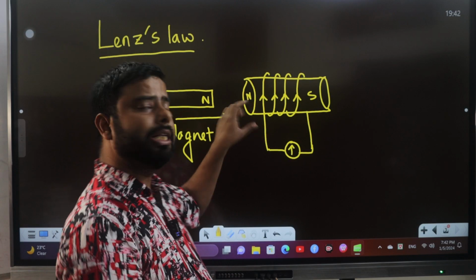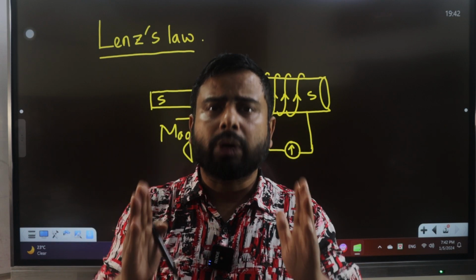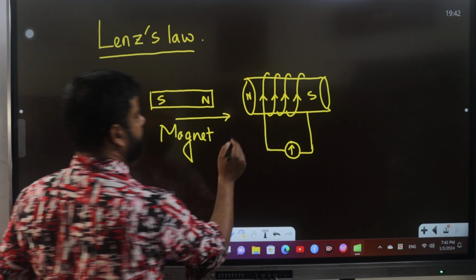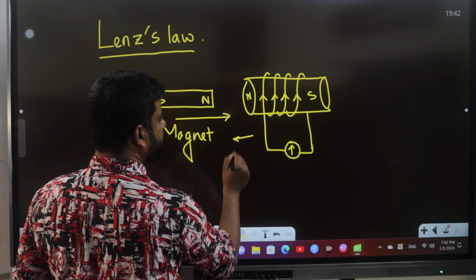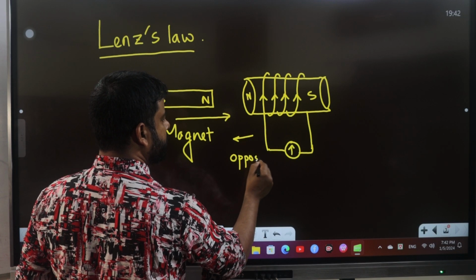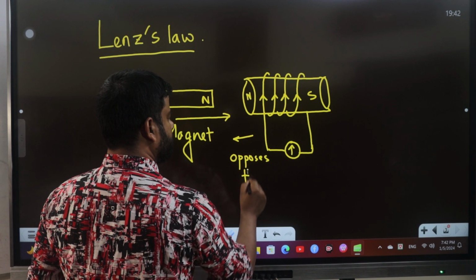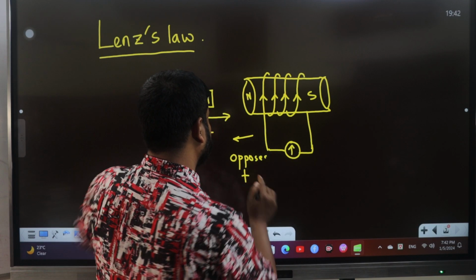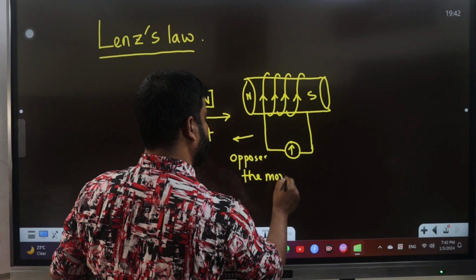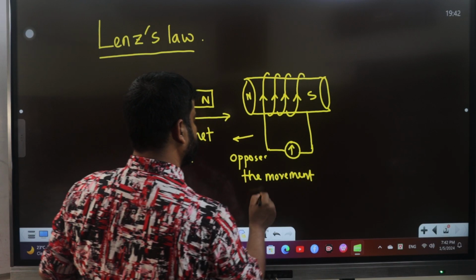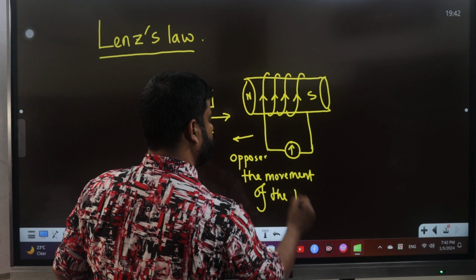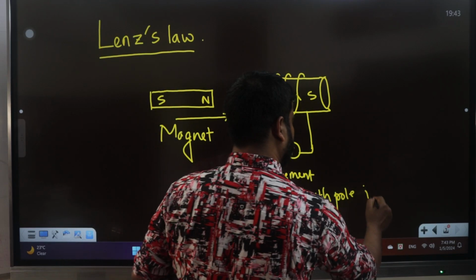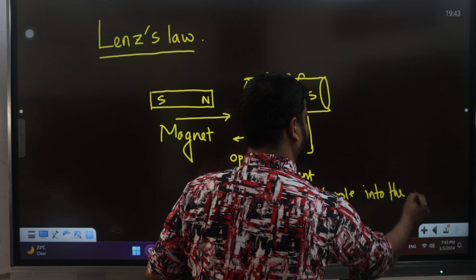So the direction of the induced current will be in such a way that it opposes the movement of the north pole into the coil.